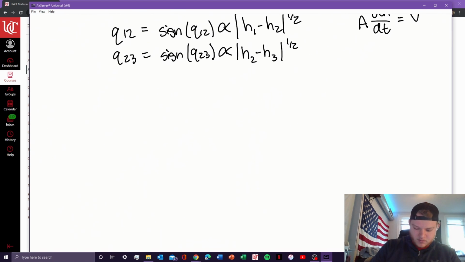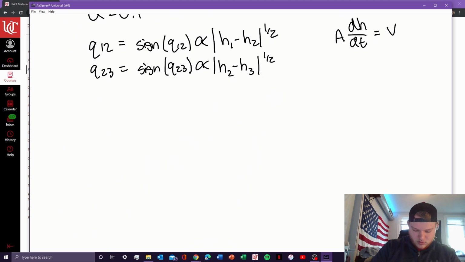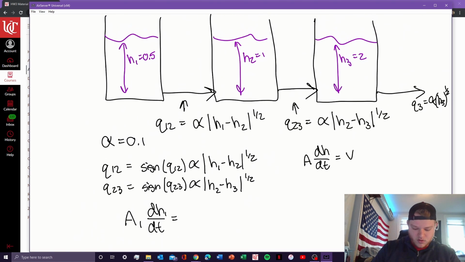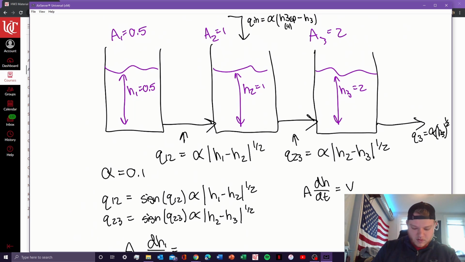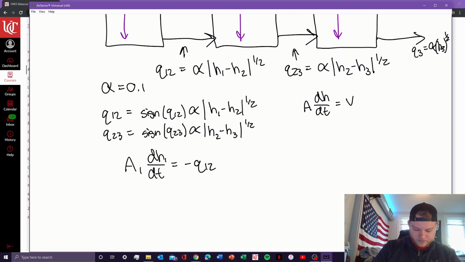So for tank 1, we can calculate that as the cross-sectional area of tank 1 times dh1 over dt is equal to, since we only have one flow and it is going out of tank 1, negative flow between 1 and 2.